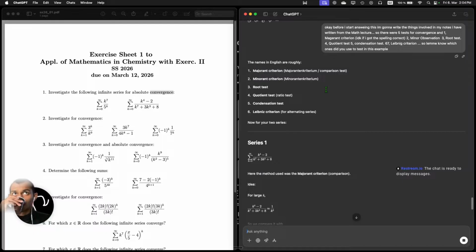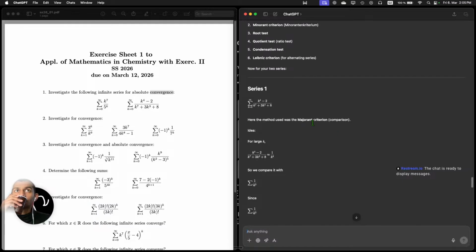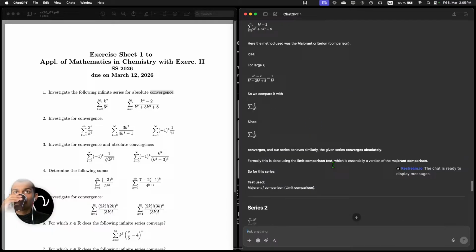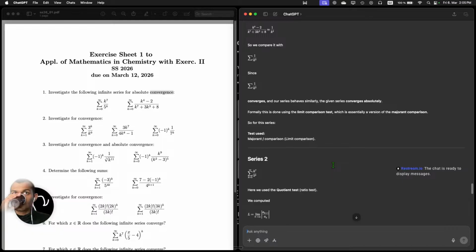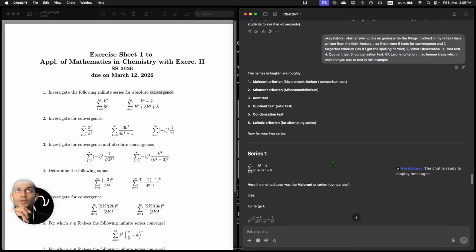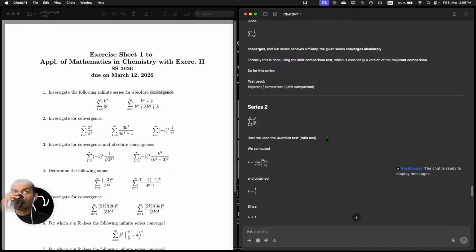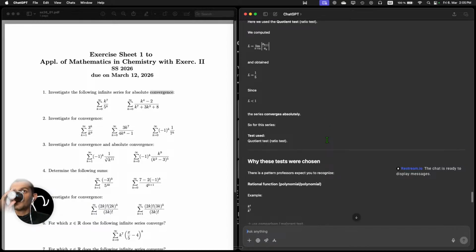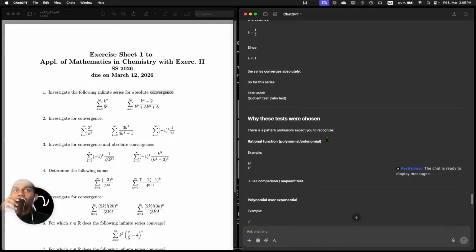Majorant, okay. Here the method used was majorant criterion for comparison. Quotient rule or ratio test, okay.